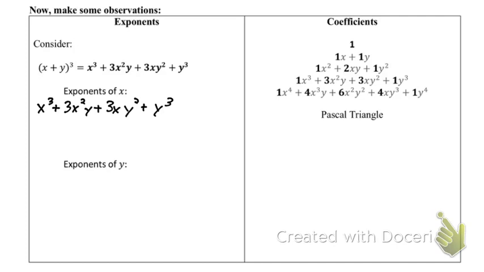Well, the exponents for just the x are going to go 3, 2, 1, and this is actually x to the 0th power here. So our first term, our x's, are going to count down 3, 2, 1, and then go to 0.